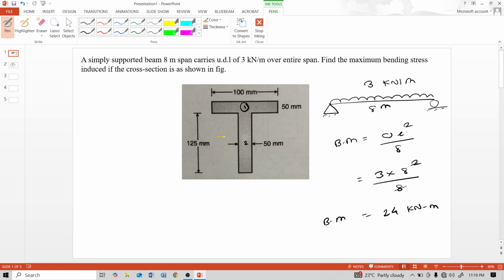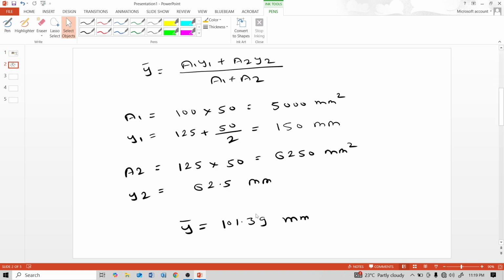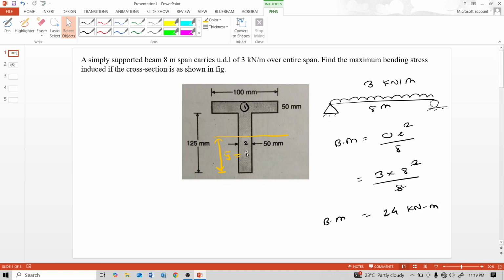So the centroidal distance of this T-beam, denoted as y bar, is equal to 101.39 mm from the bottom. Now next, calculate the moment of inertia for this T section.